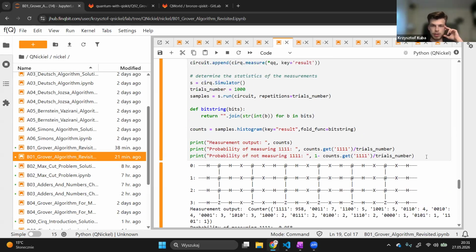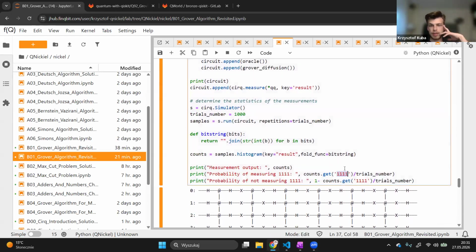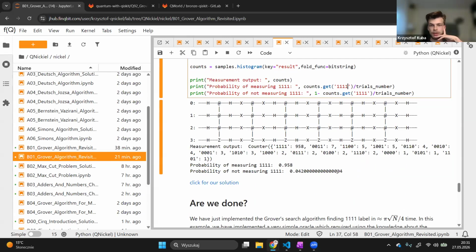We did it 3 times because this is the optimal number if we have 4 bits, but the measurement count is somehow different. So we get 111 in 900 of the runs, but we also have some leftovers. So this does not mean that on every single execution we will get 111 100% of the time. No, we will get 111 with a very, very, very high probability, and its probability is 95%.